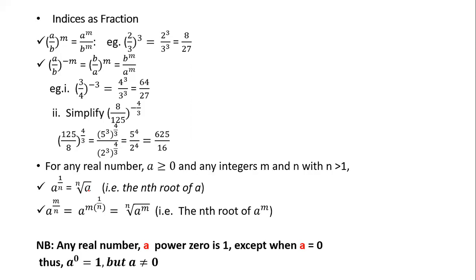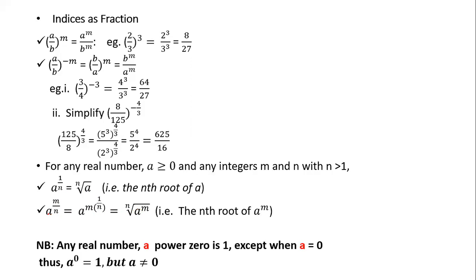Again, if you have A power M over N, we can express this as A power M all power 1 over N. So this will become the nth root of A power M, as you see here.